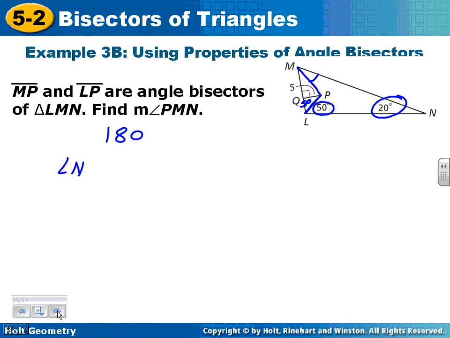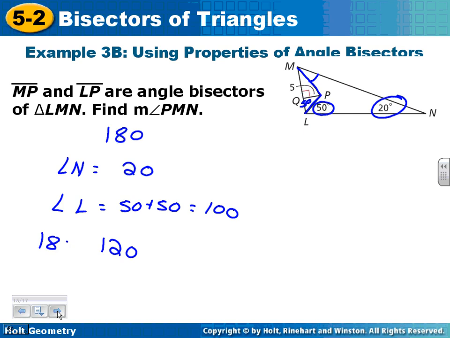So angle N, let's write this down, is 20. Angle L would be 50 plus 50, or 100. That gives me a total so far of 120. 100 plus 20. If I subtract that from 180, that gives me 60. If I split that in half, that gives me 30.